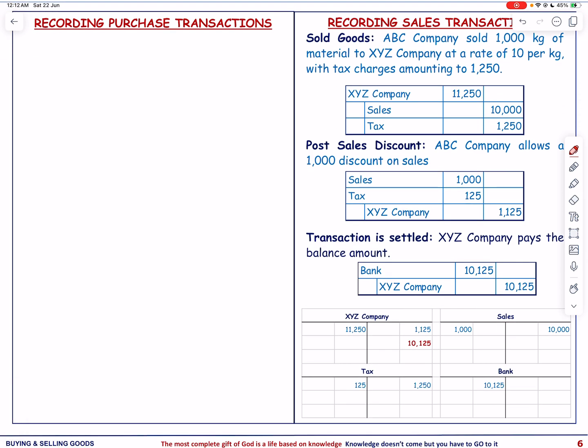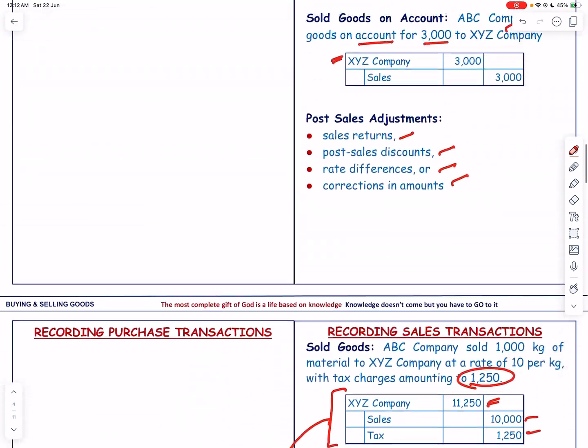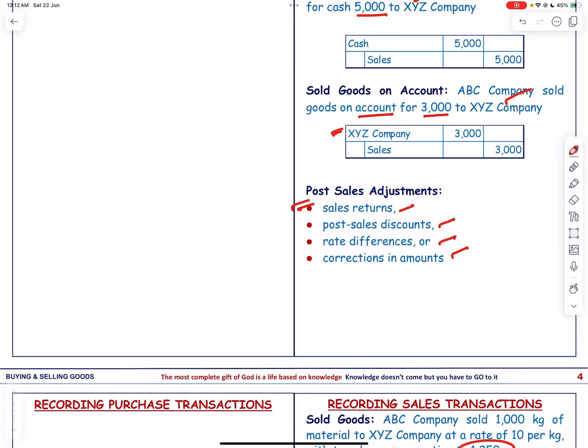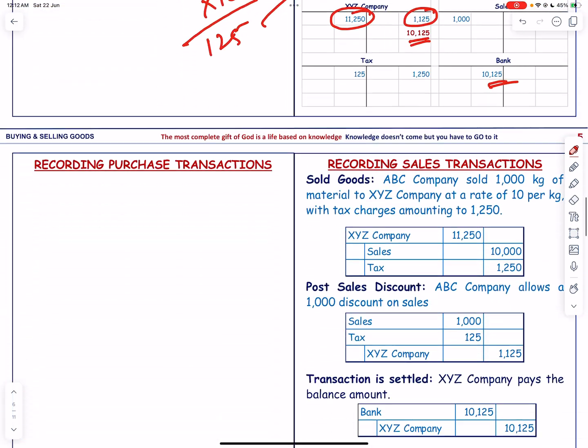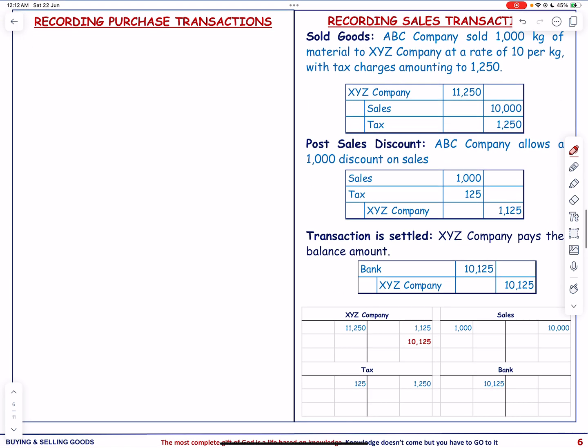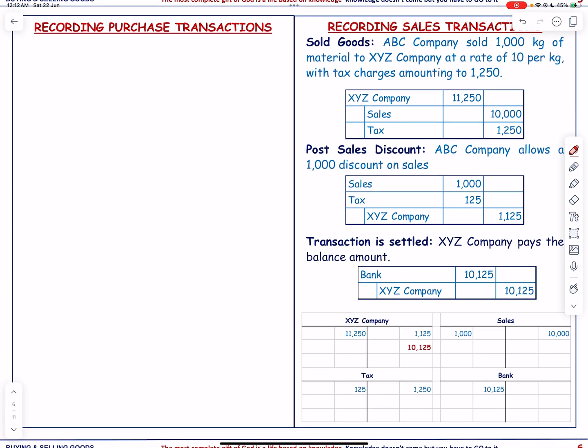Now, this is the first scenario, and we look into the second scenario, post sales discount. So in the second scenario, suppose ABC company sells goods to XYZ company with a sales discount of 1000.